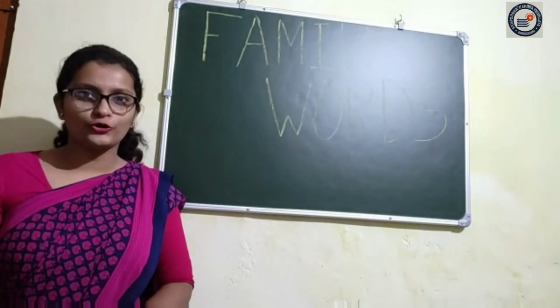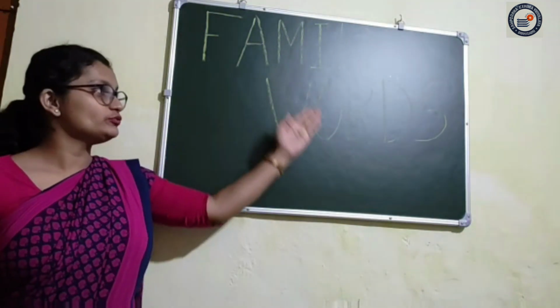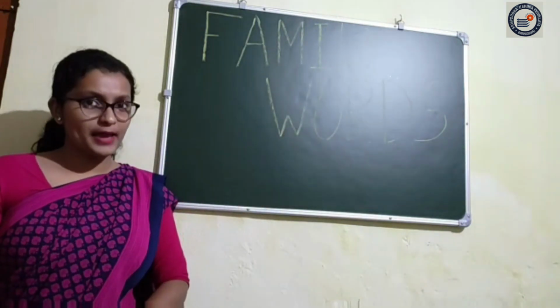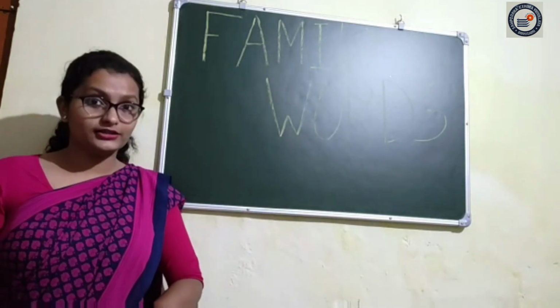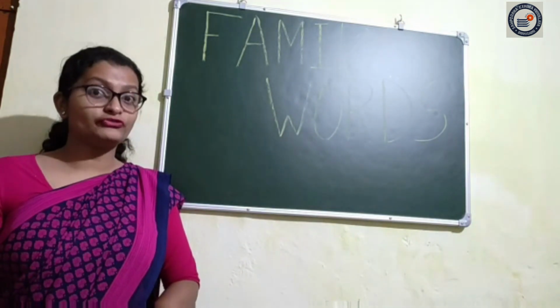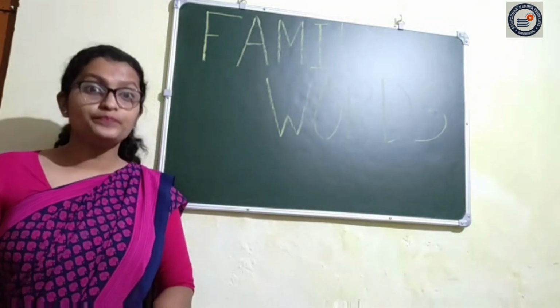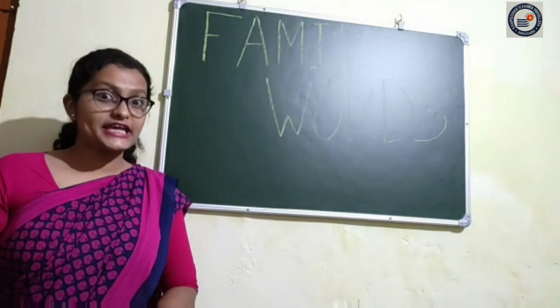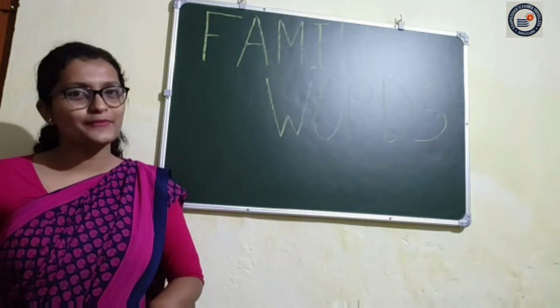Children, we are on the phonics class and my topic is family words. Did you all remember, in our previous class we learned the family words by forming them with the help of phonic sounds, which were ab, ag, am.